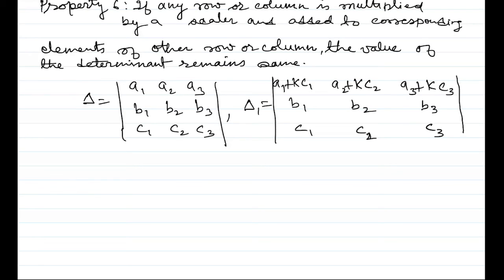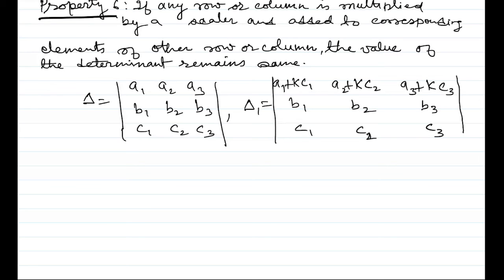Property 6. If any row or column is multiplied by a scalar and added to the corresponding elements of another row or column, the value of the determinant remains the same.